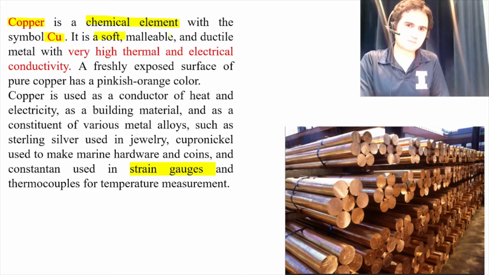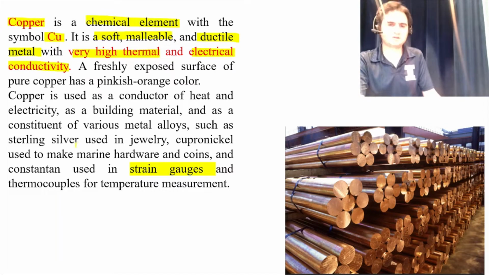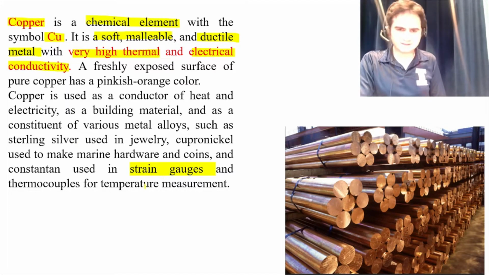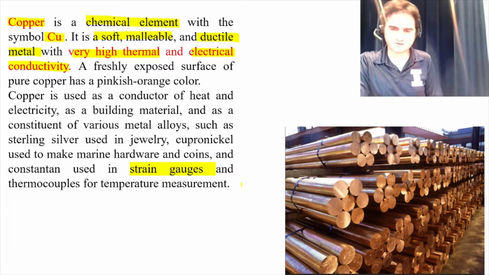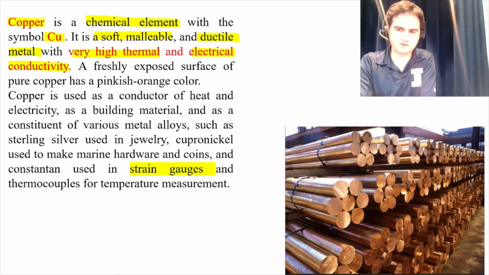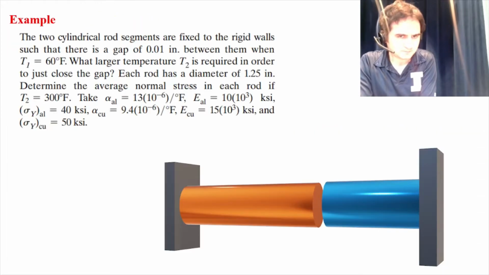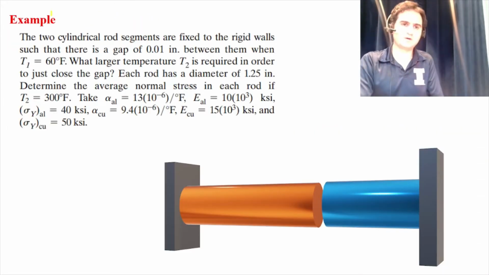It's a soft, malleable, and ductile metal with very high thermal and electrical conductivity. Its main use in engineering is as a strain gauge, and definitely there are different usages of copper in industry. Let's go back to our example.